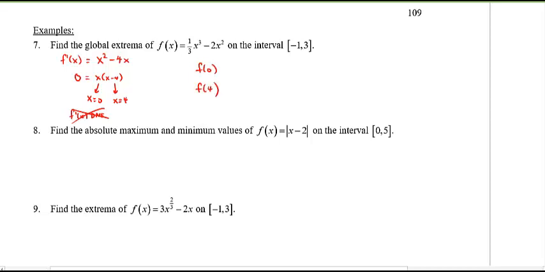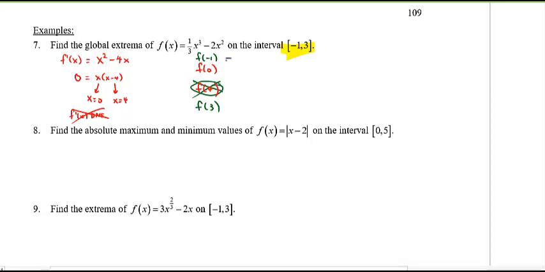And don't forget the endpoints, so you should also be looking at f of negative 1 and f of 3. Now you're like, whoa, whoa, whoa. I have f of 4 here. That's not in my interval. So guess what? Don't test it. It's not in the interval. Don't worry about it. Save some work. So we only need to choose these three x values, negative 1, 0, and 3.